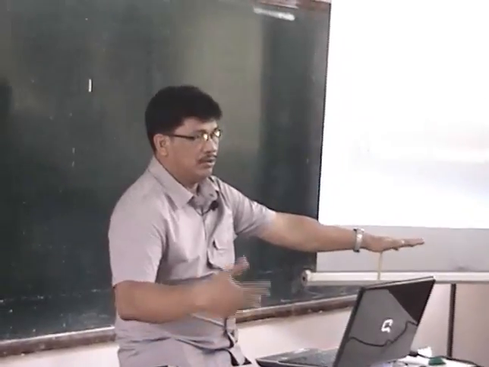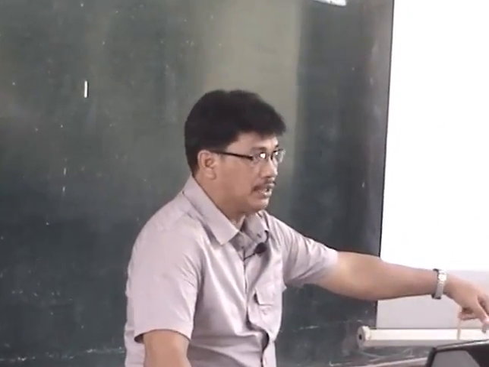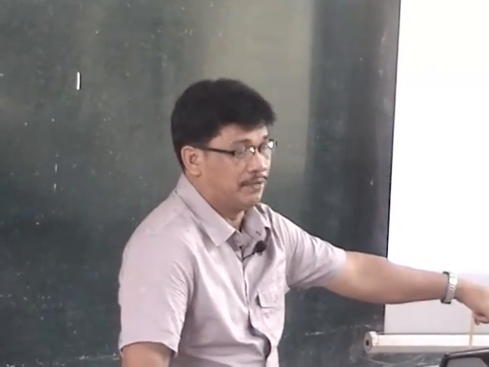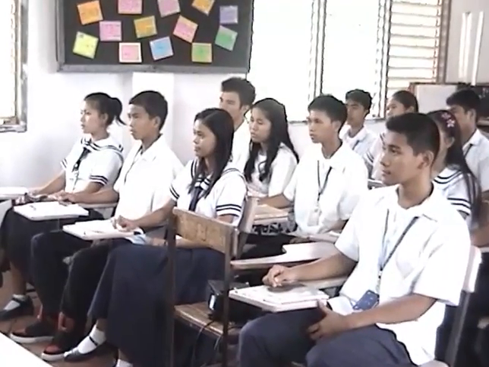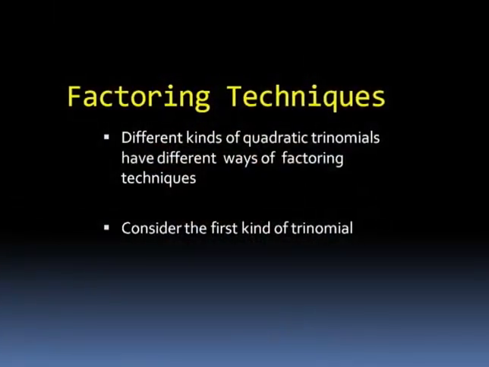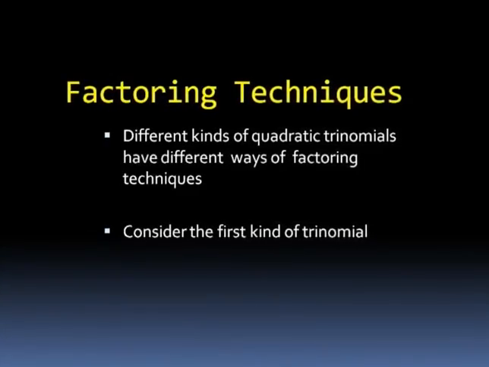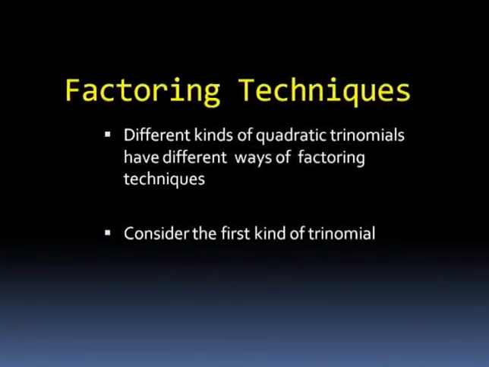you are now ready to factor different kinds of quadratic trinomials, in the sense that you can now identify different kinds of quadratic trinomials. Now, in factoring these kinds of quadratic trinomials, you will notice, class, that each kind has different factoring techniques or different ways on how to factor them.